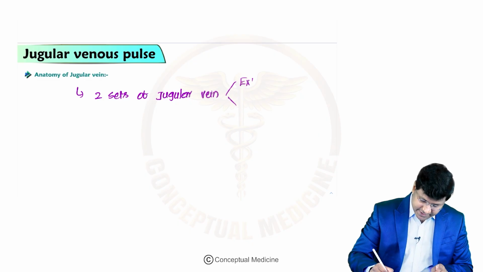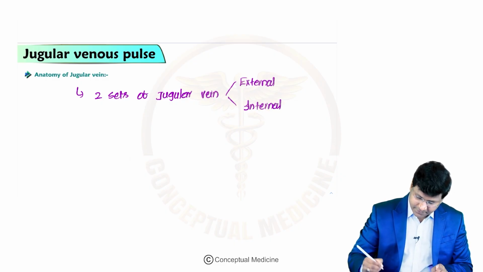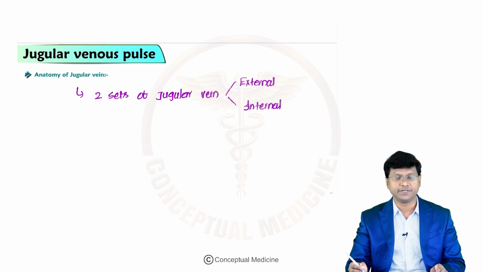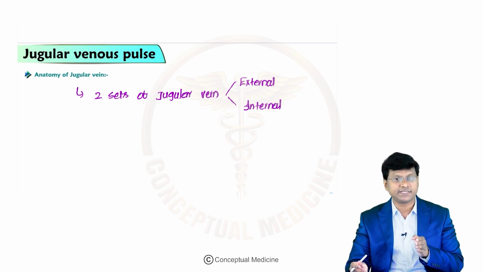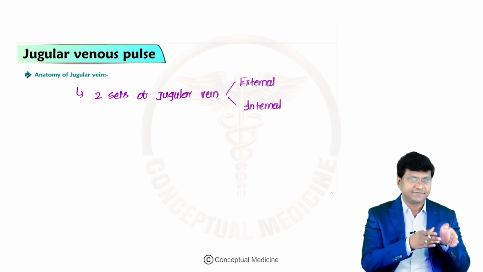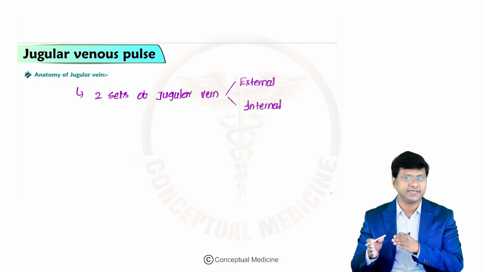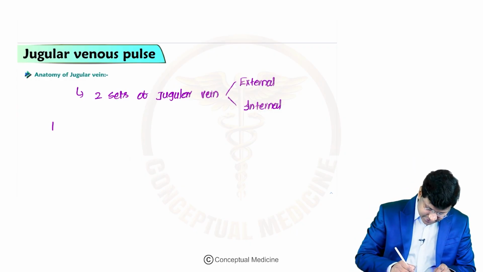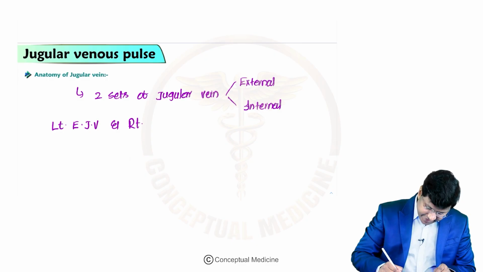That is the external jugular vein and the internal jugular vein, right? And this external or internal jugular vein is present on both the right as well as the left side. So you take the left external jugular vein and the right external jugular vein.